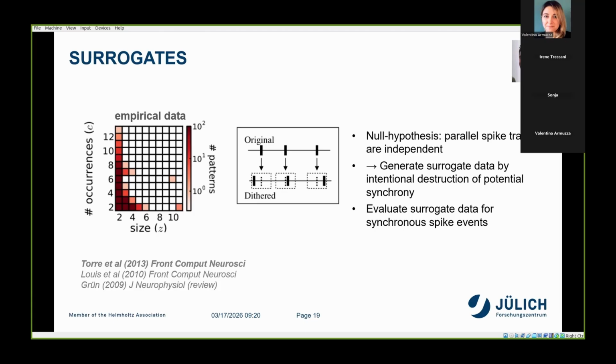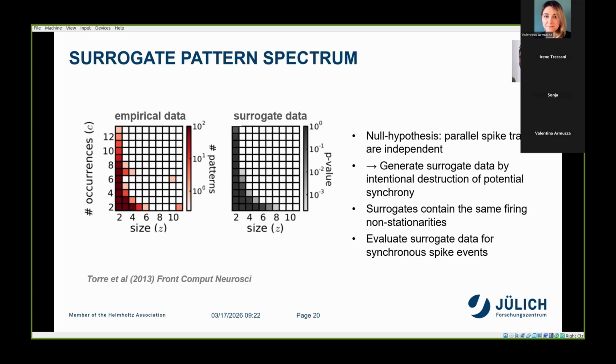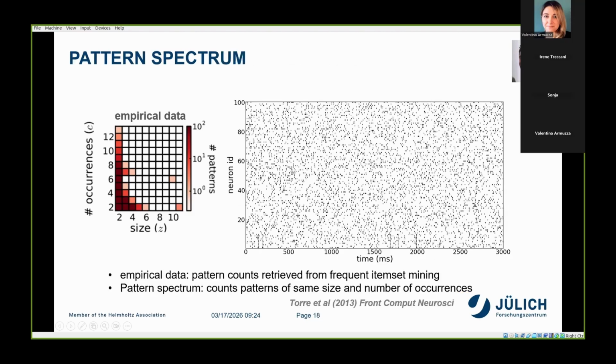We do this multiple times, 10,000 times, and also build up such a spectrum. Of course, you have to count the same things and so on. And then you notice, oh, all these dark entries and gray entries are actually by chance. If you have that many neurons, you have many possibilities to get synchronous spikes.